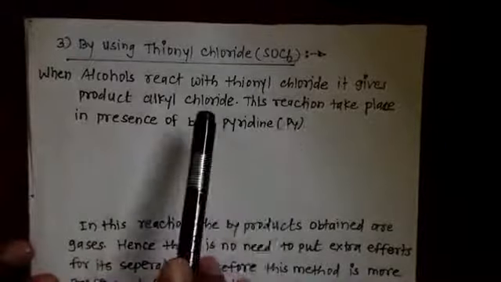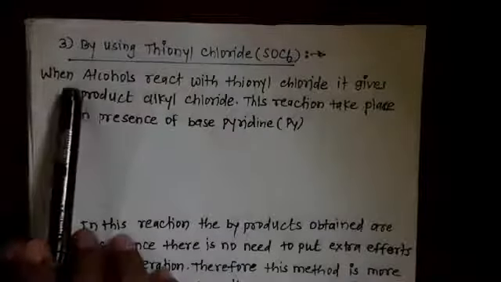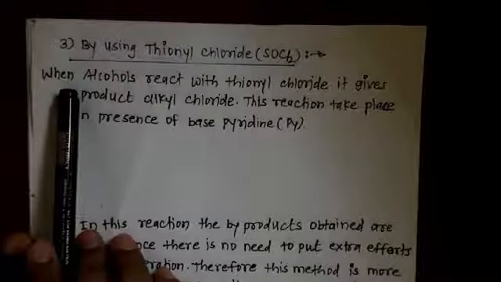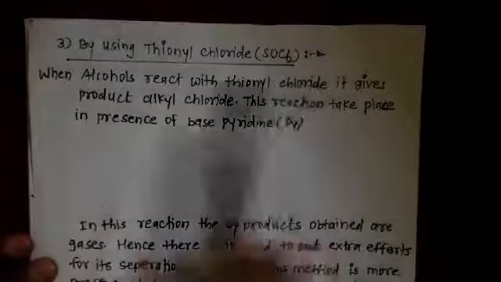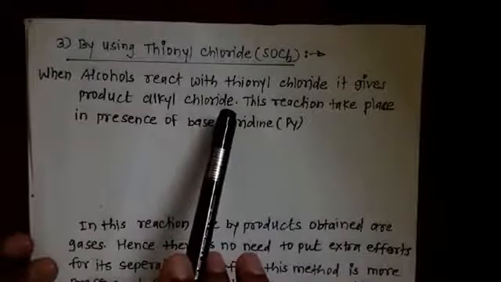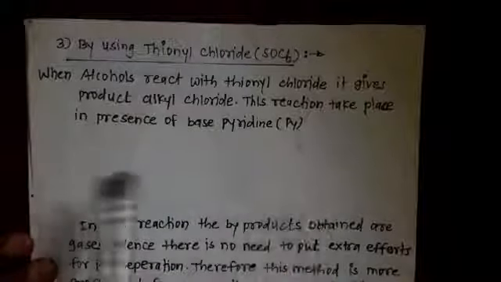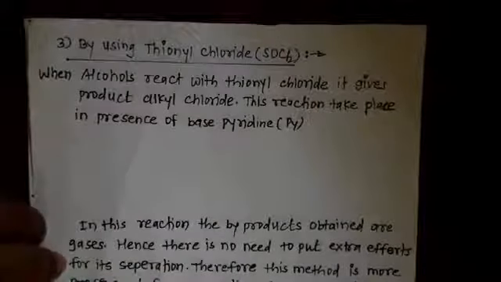By using this method, we only produce alkyl chlorides. Here, the statement is like that: when alcohols react with thionyl chloride, it gives a product alkyl chloride. This reaction takes place in the presence of base pyridine.